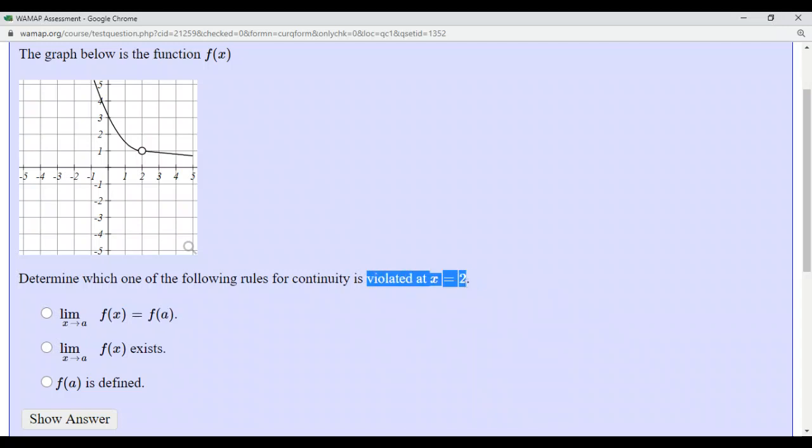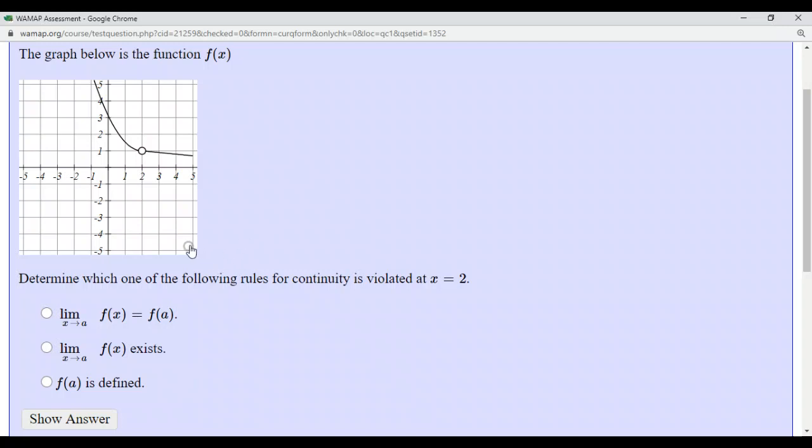Okay, so the point that we want to consider here is x equals 2. Is f defined, or does the limit of the function exist, or does the limit equal the function value at the point? Which one of these is being violated?